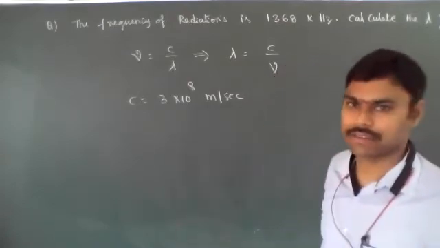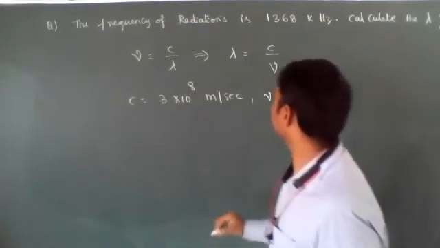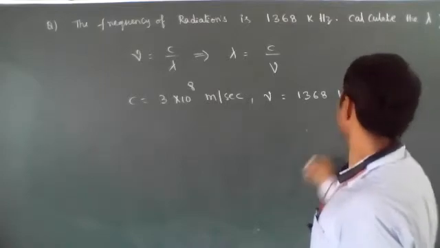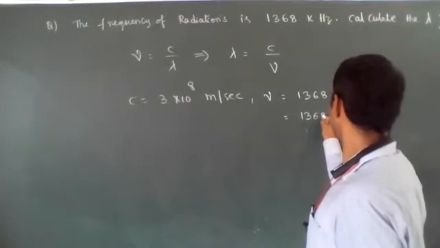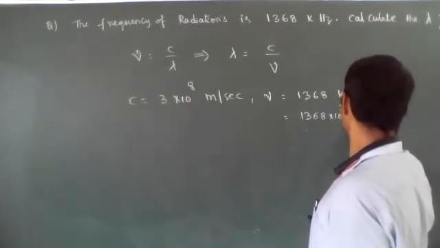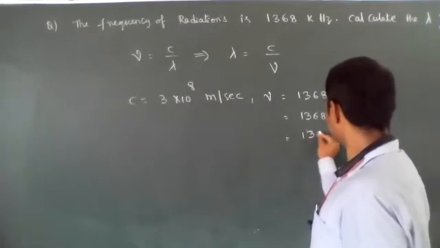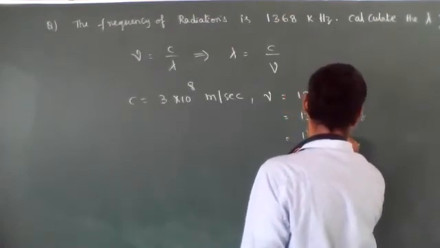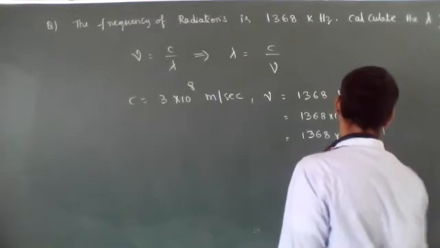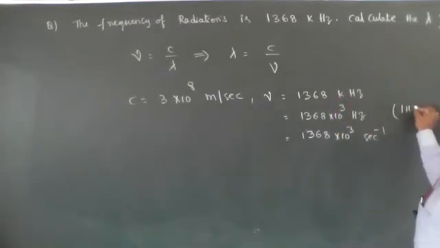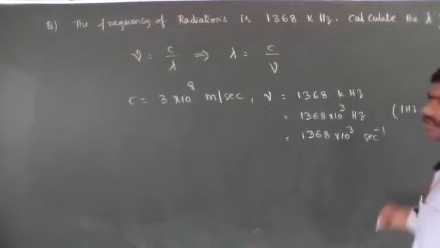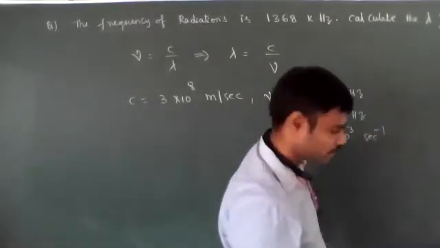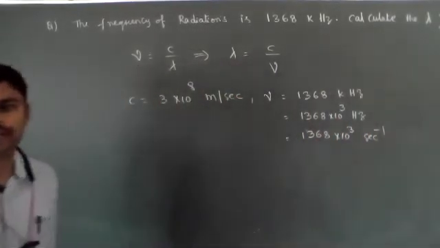And frequency nu is equal to 1368 kilohertz, which is 1368 into 10 to the power of 3 hertz, which is 1368 into 10 to the power of 3 second inverse, because 1 hertz is equal to 1 second inverse.